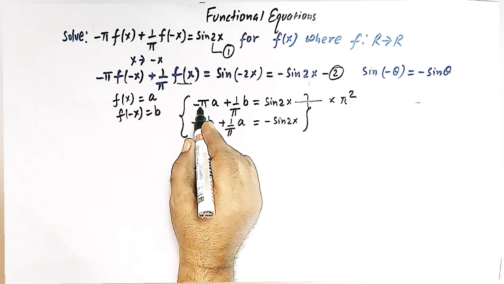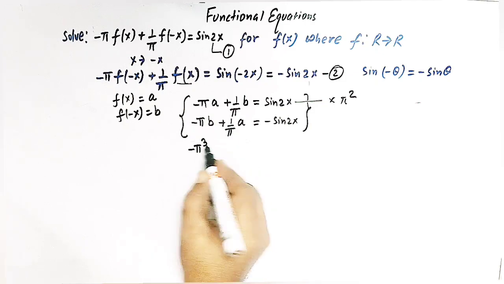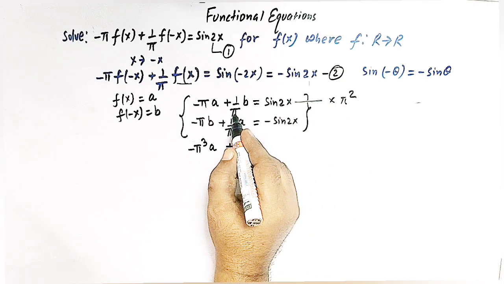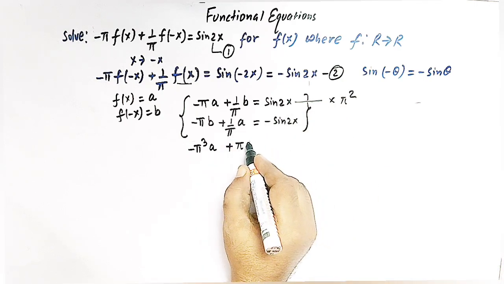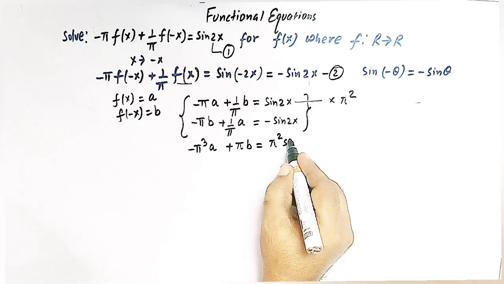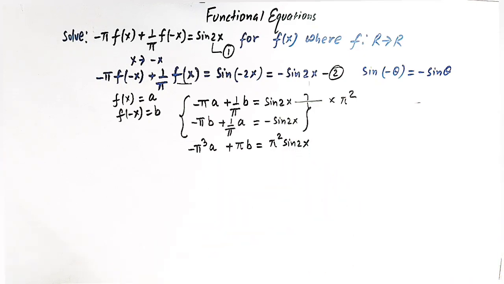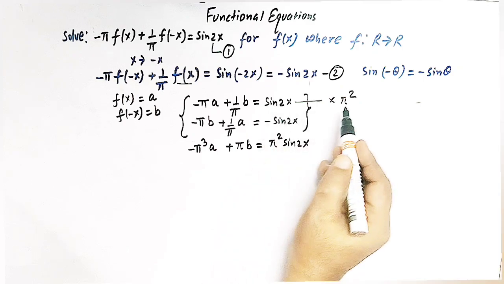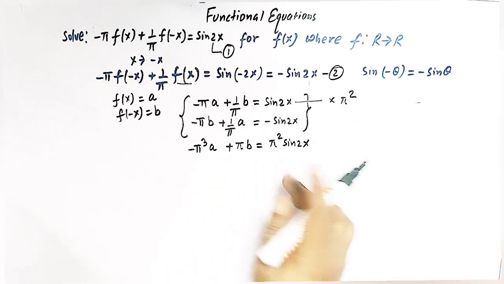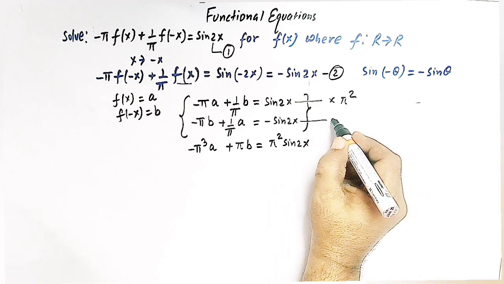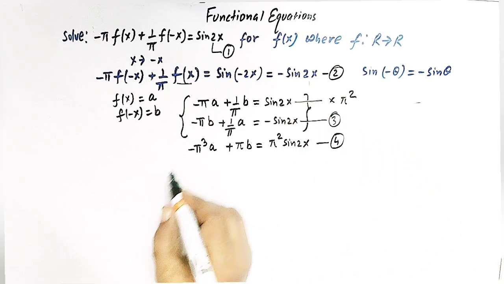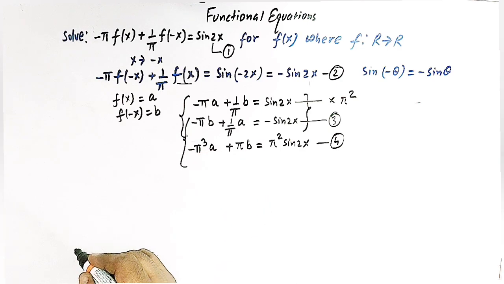We get minus pi cube a plus pi square over pi b, that is pi b, equals pi square sine 2x. Multiplying by pi square, we have obtained a new equation. Let us call this equation number 3, and the other equation number 4.